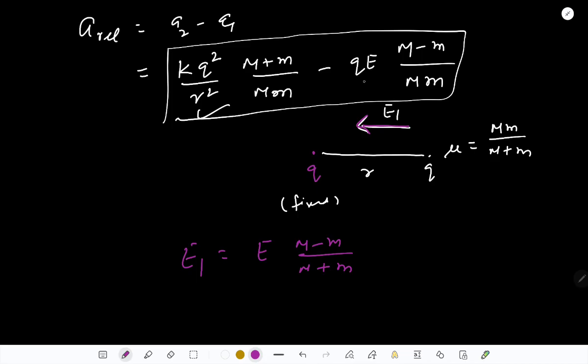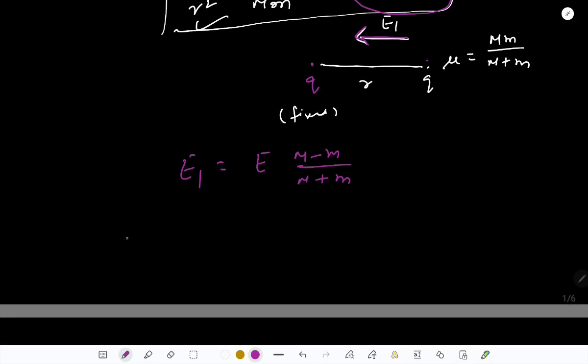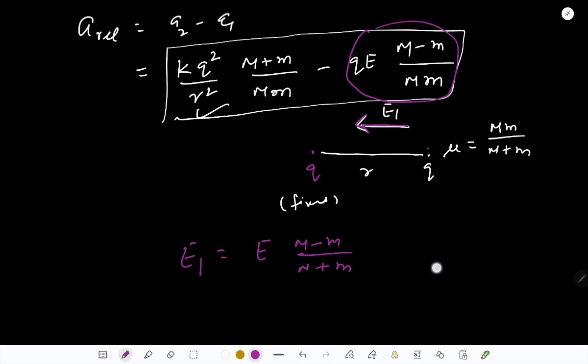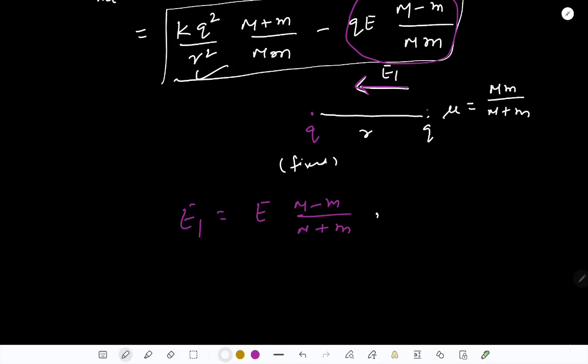How? Because the acceleration of this charged particle here is given by qE times M minus m by mM, and if we think that this is provided by an external electric field E1 to this charge q, you can write it as qE1 upon mu, where mu is its mass.